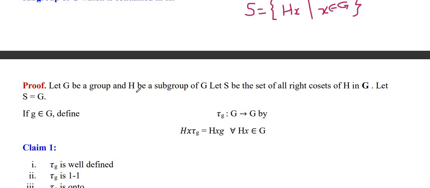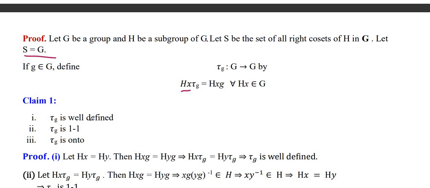Let G be the given group and H a subgroup of G, and let S be the set of all right cosets of H in G. Now if g belongs to G, we define tau_g from S to S by, because any element here being a right coset, we have Hx, the image of Hx under tau_g to be Hxg. Hxg is the image of this under tau_g. Now we'll prove that this tau_g is well defined.